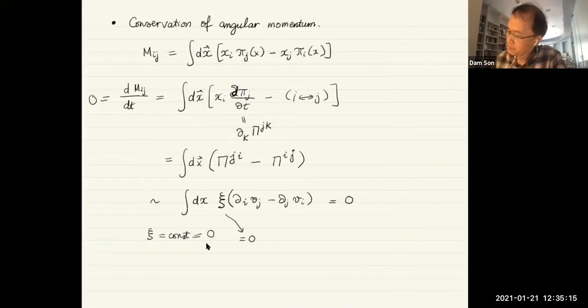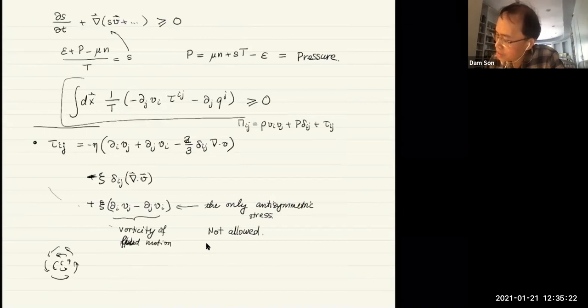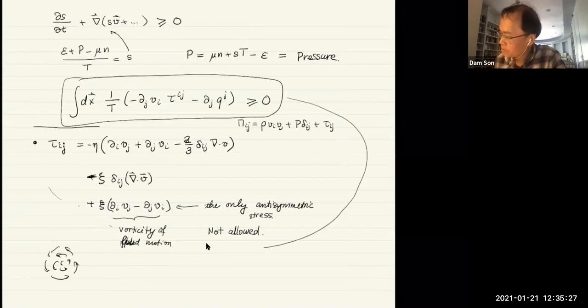Okay, so now if that is assumed to be true, then finally what we can say is that the positivity of entropy production, that is here, allows for, after you have analyzed everything, you find that it allows for 3 kinetic coefficients.